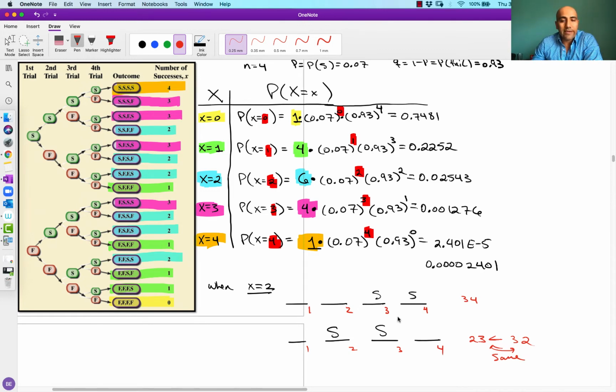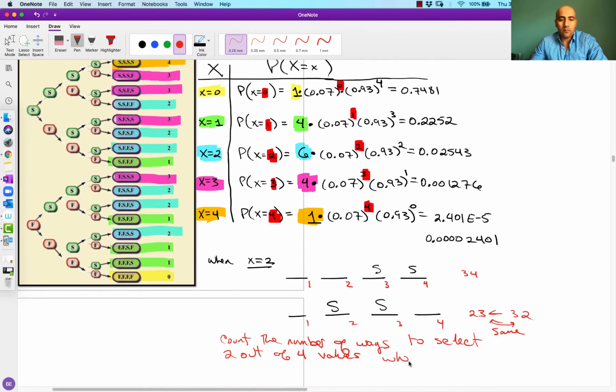I want all the number of ways in which we can pick 2 numbers out of 4. So we want to count the number of ways to select 2 out of 4 values where the order does not matter, and there is no repetition, right?